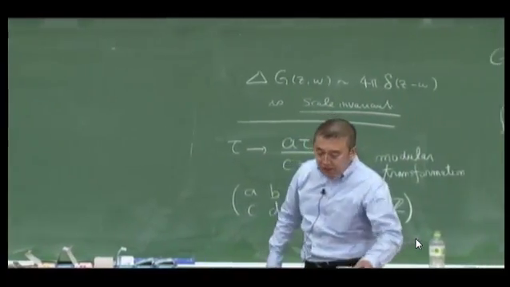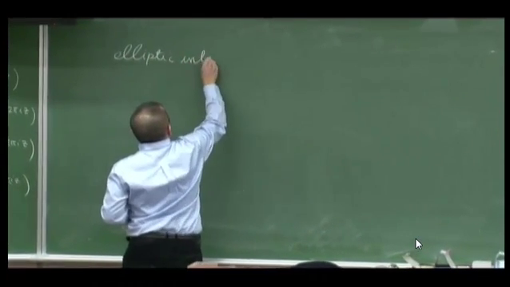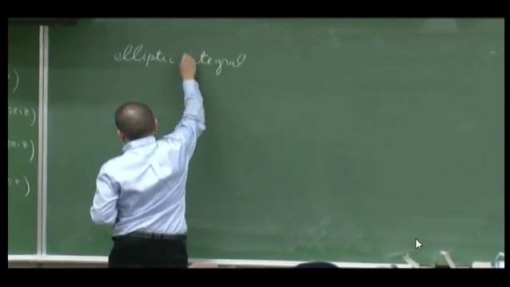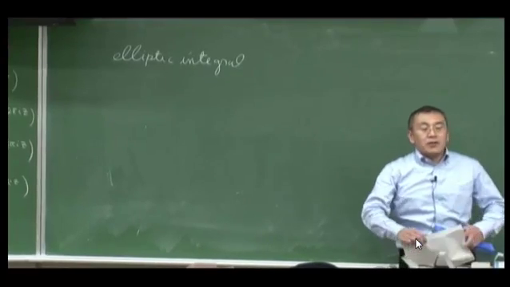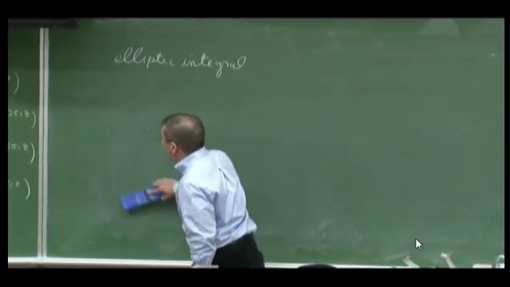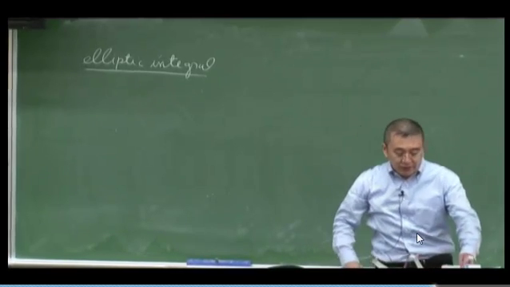I have about 20 minutes left, and a couple of things that I want to discuss before I end. One is the relation of these theta functions to the elliptic integral. Historically, the problem of elliptic integrals emerged before people started discussing theta functions. Elliptic integrals emerged from an attempt to evaluate the arc length of an ellipse.